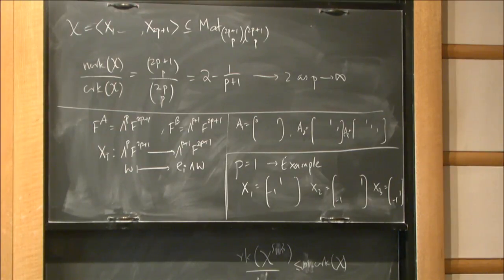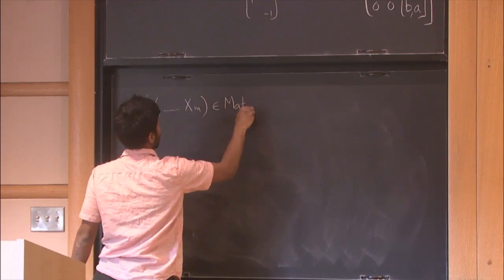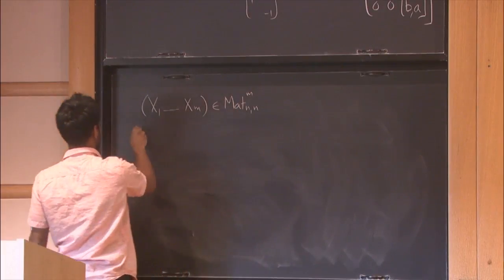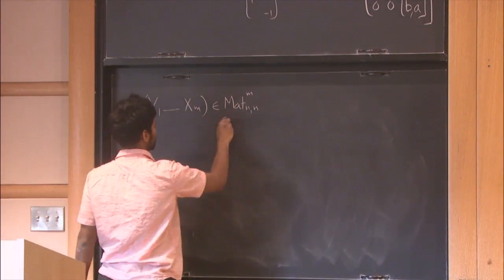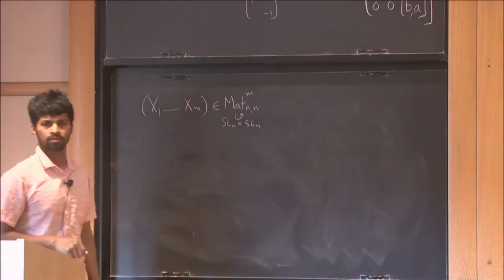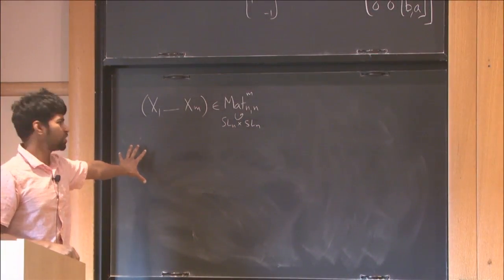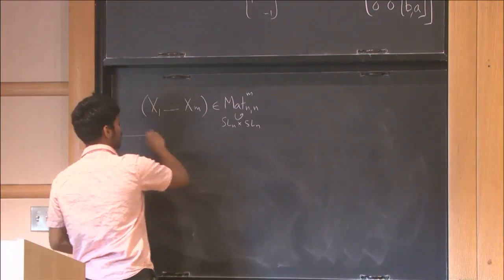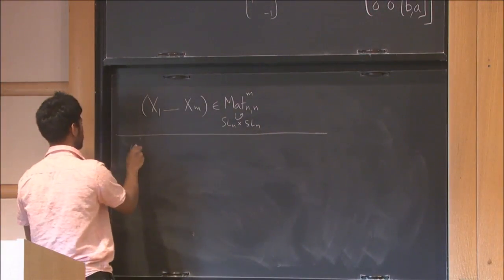So we had this bunch of matrices, and we had an action of SLN cross SLN on it. I want to set this up in the language of quivers. So what is a quiver?